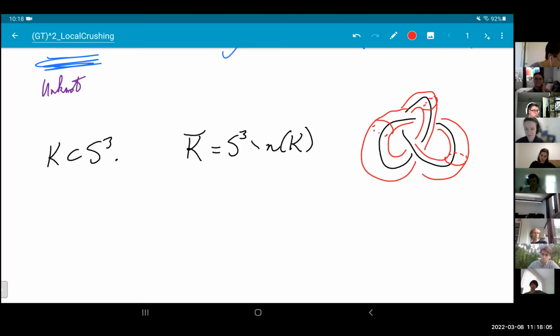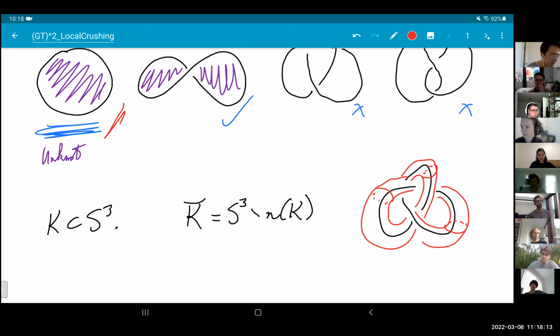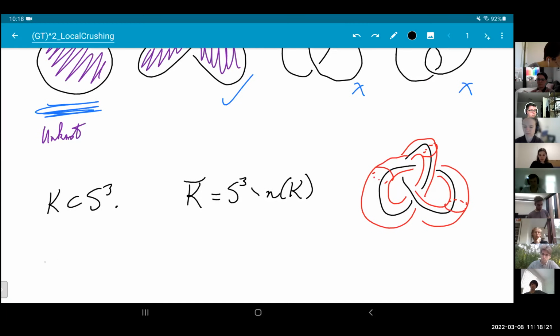And the claim is that this disk I'm talking about exists if and only if there exists a disk in the knot complement. Let me write this in shorthand: if and only if there exists a copy of D2 in the knot complement. And what we want is the boundary of this disk.